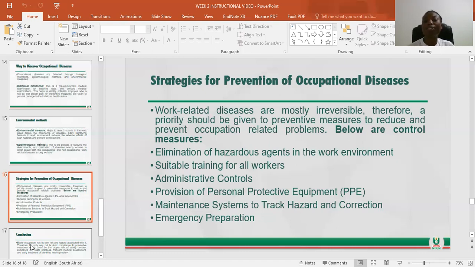And what are the measures you want to use to prevent it? One, elimination of hazardous agents in the work environment. Once you see any hazardous agent, you must, as an occupational health nurse, look out for it and eliminate it.